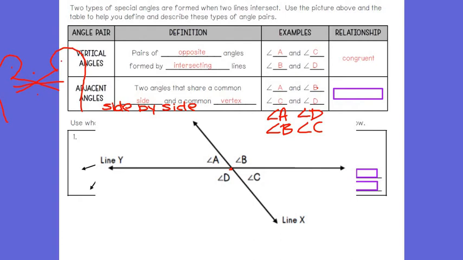Vertical angles. Kinley is vertical angles with who? Bethany. Okay. Is she angled with Libby? No, Libby is not in this group.